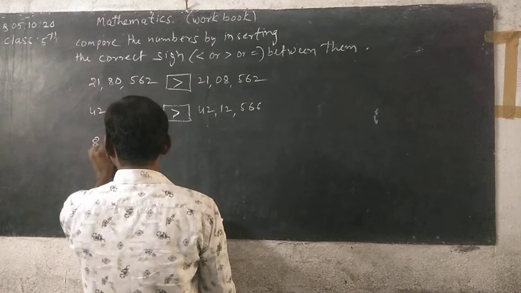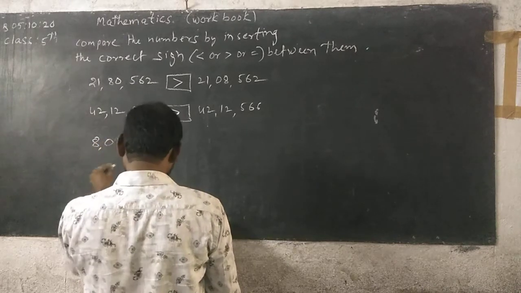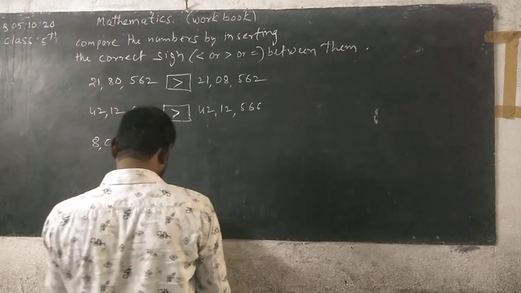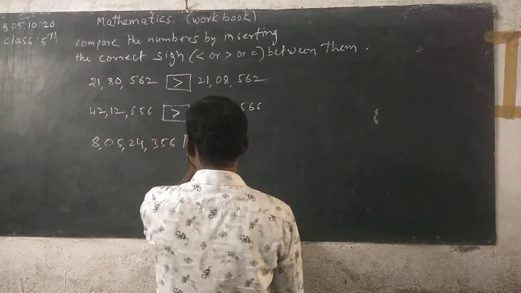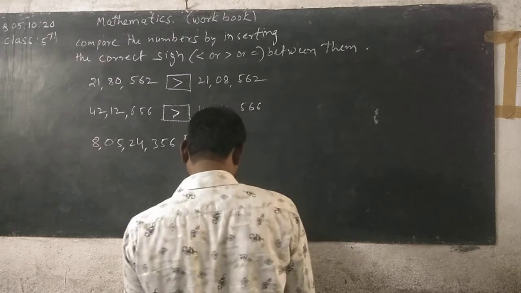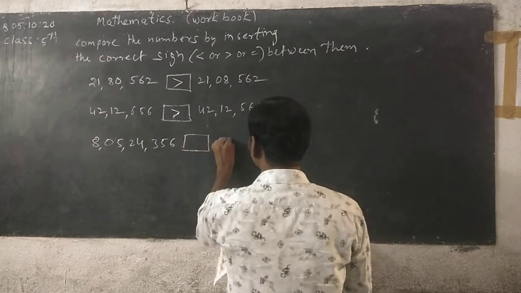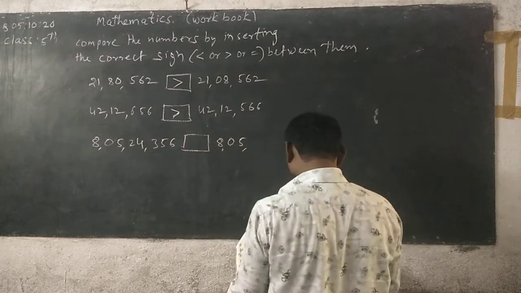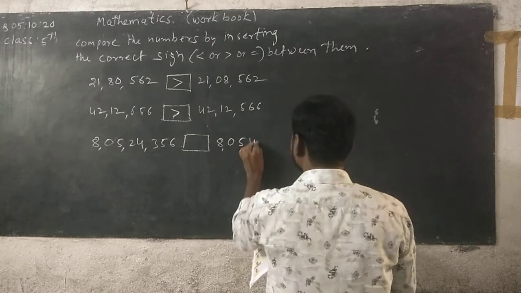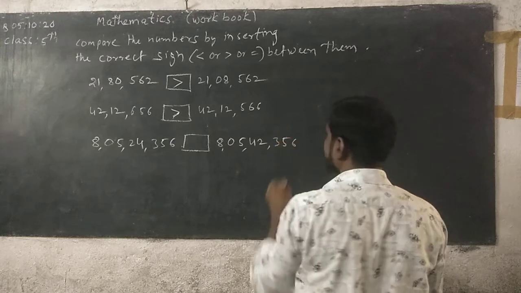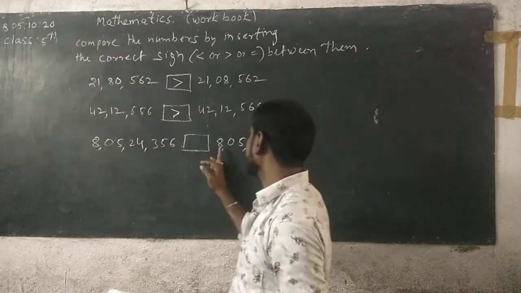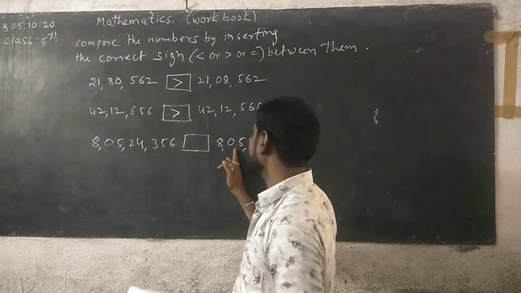Next here, 8 crore 5,24,356 and 8 crore 5,42,356. See, listen carefully. 8 crore same. 5 lakh same.